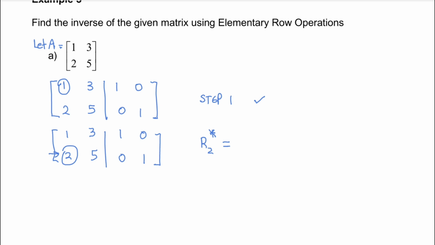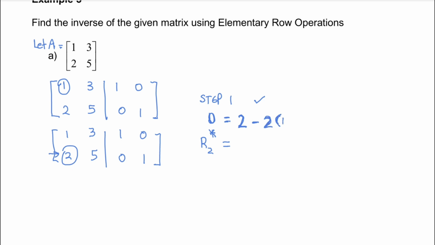So the new row 2, you want to change at that particular element into 0. So the old one is 2. How do you obtain 0 from 2? 2 minus 2. So you need to minus with 2.